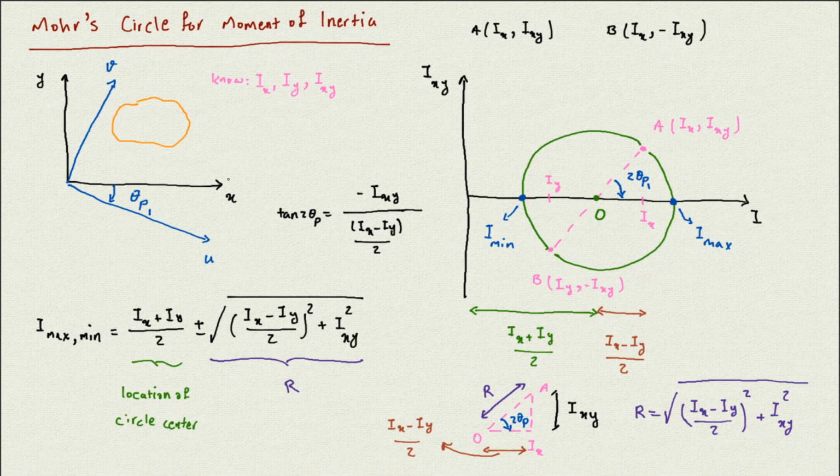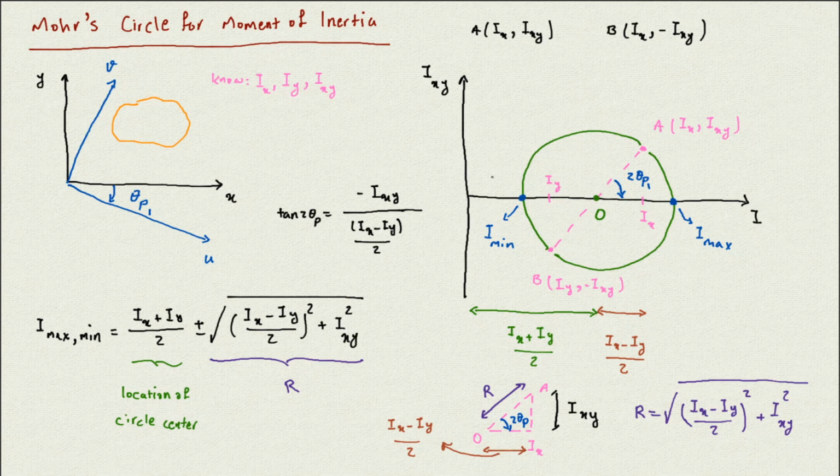If I rotate counterclockwise by theta, then I have to rotate 2 theta on this Mohr circle. Remember, whatever we rotate here, we have to rotate 2 times that on the circle.